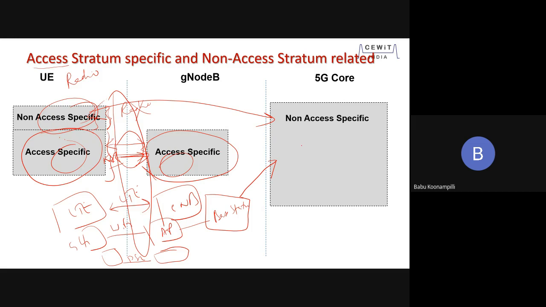Almost all the functionalities of the 5G core can be done through NR, Wi-Fi, or LTE also. So you'll also see in later architectures that even the eNodeB can be connected to the new 5G core. The reason is that the 5G core is made as an access agnostic system. So this is one concept which is good to understand at the overall level.